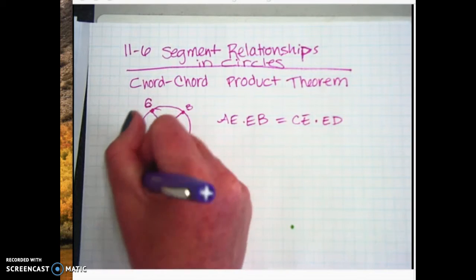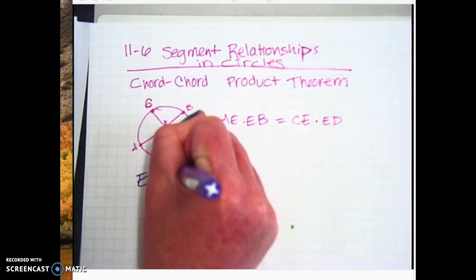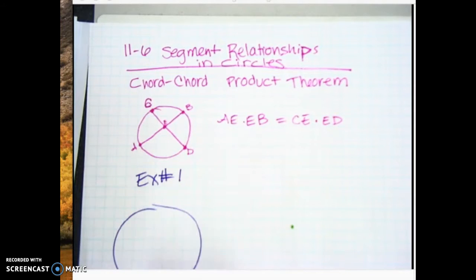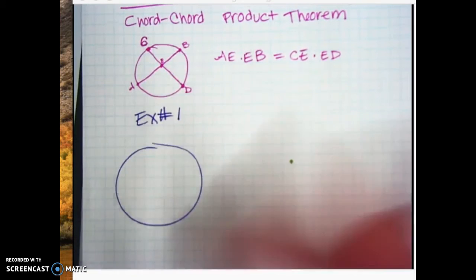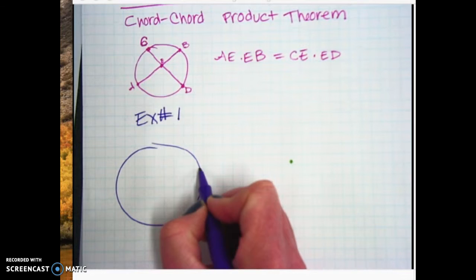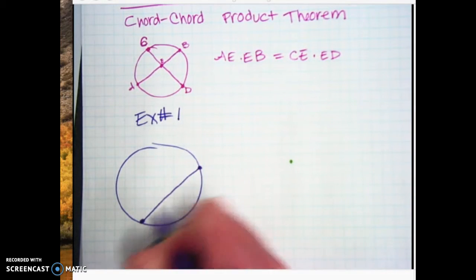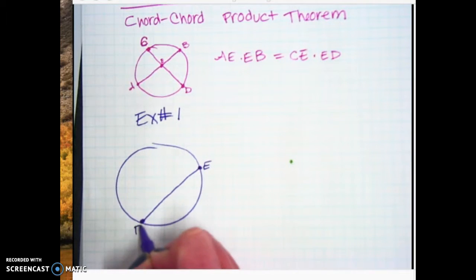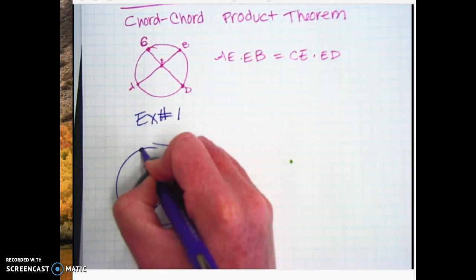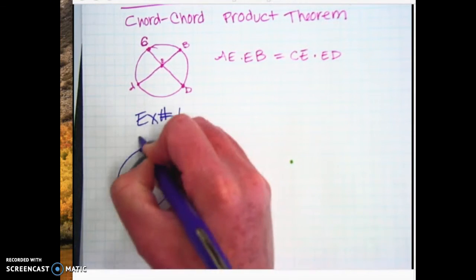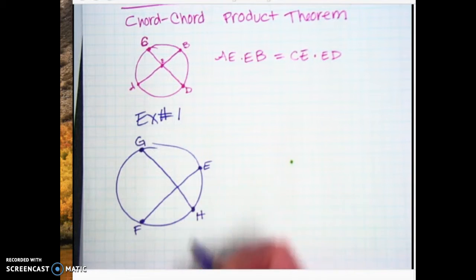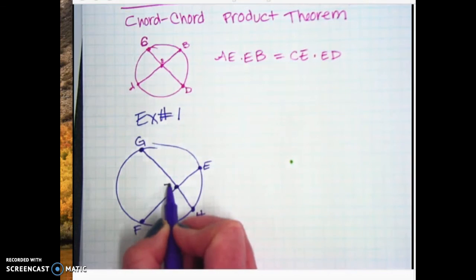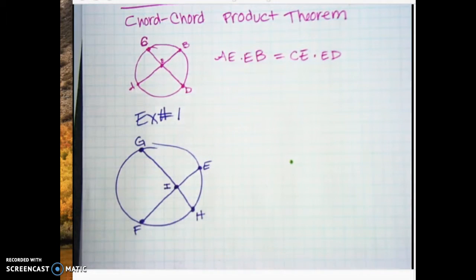All right. So example number 1, we're going to start with the circle. We're going to do a chord over here to here. We'll call this one E, F, and then we'll do one up here, down to here. We'll call this one G, H, and so they're going to intersect right here at I. Let me give you some values here.